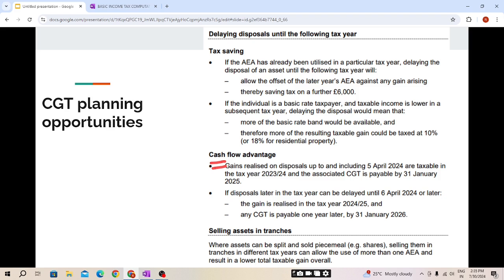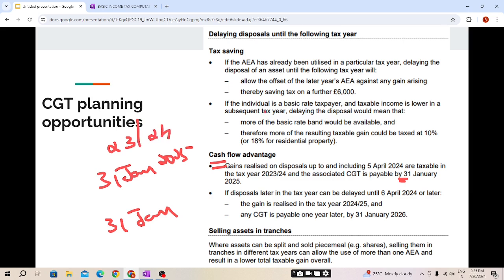If they dispose this year, they need to pay by 31st Jan 2025. If they dispose in 24-25, the CGT will be payable, students, by 31st Jan 2026.